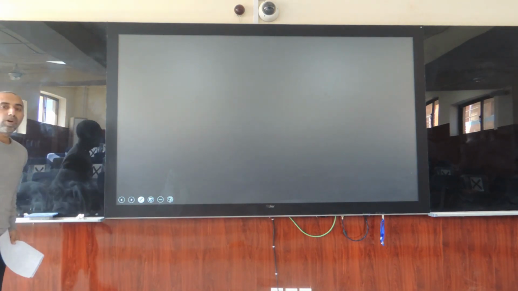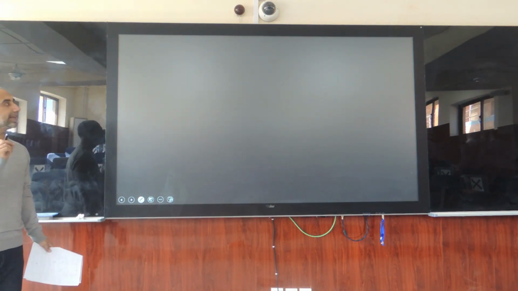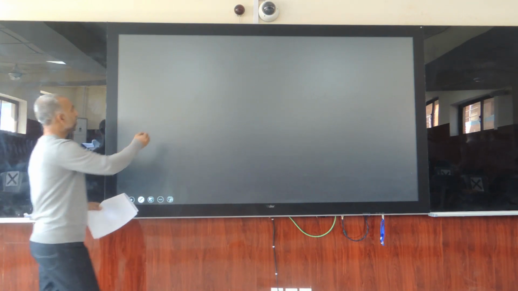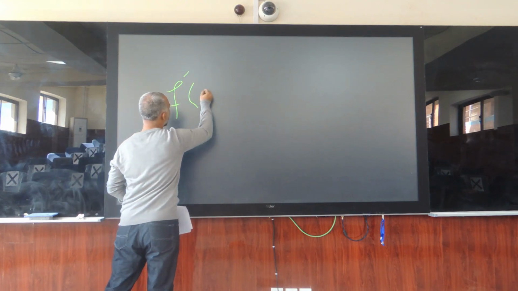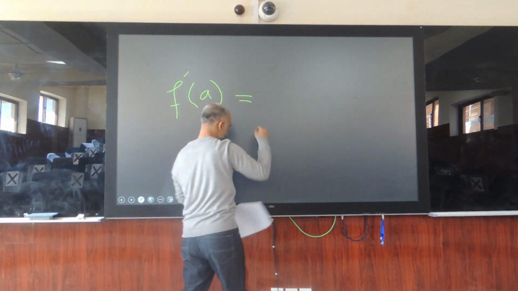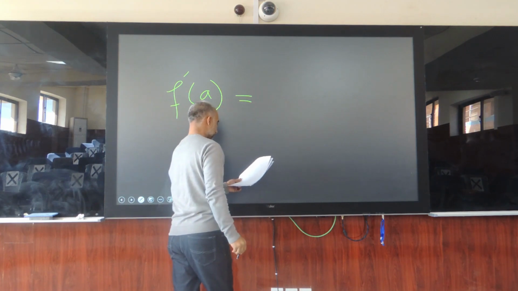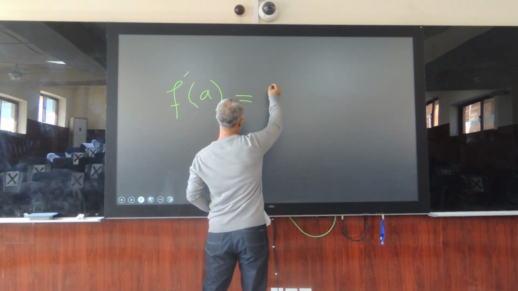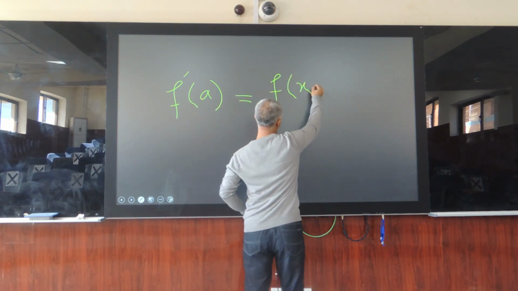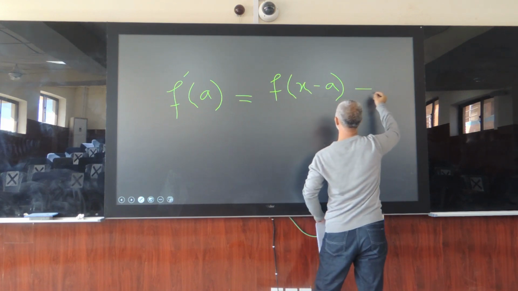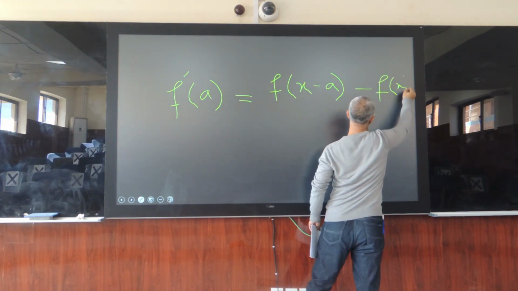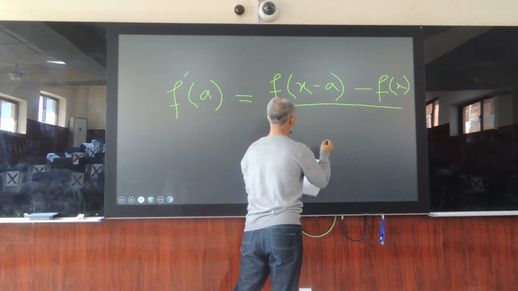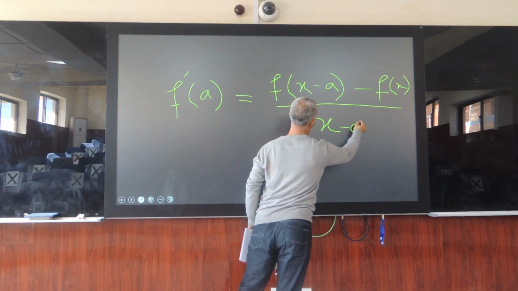In this example, one very important thing is that all the mechanism follows the concept of slope, and we know the formula for slope: it is equivalent to f(x) minus f(a) in the numerator, over x minus a in the denominator.